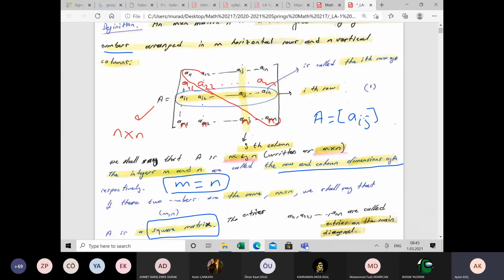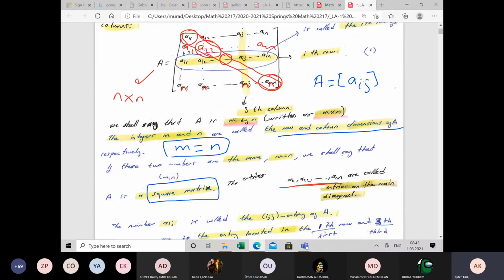Look at these entries. The first entry is a sub 1,1, the next one a sub 2,2, the next one a sub 3,3, and the last one a sub n,n.